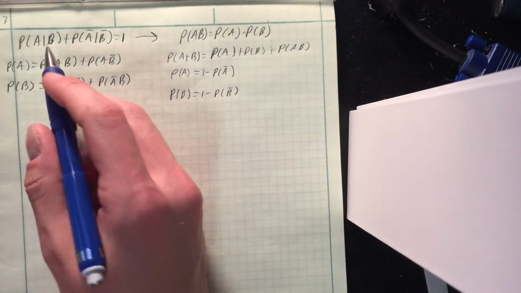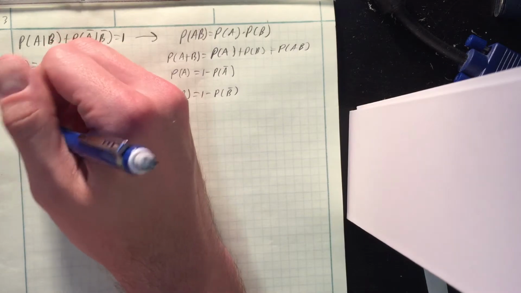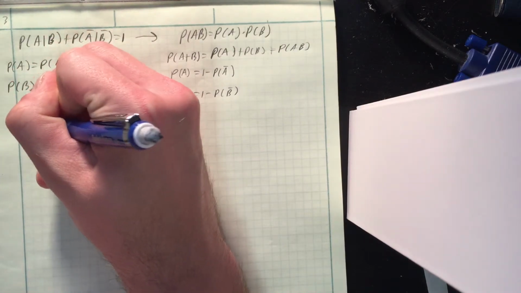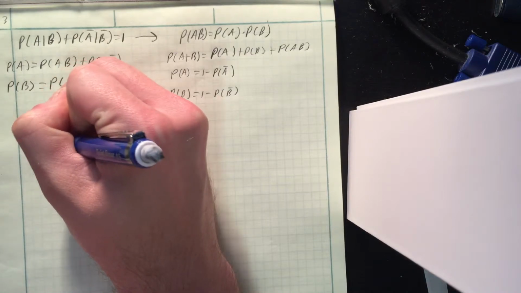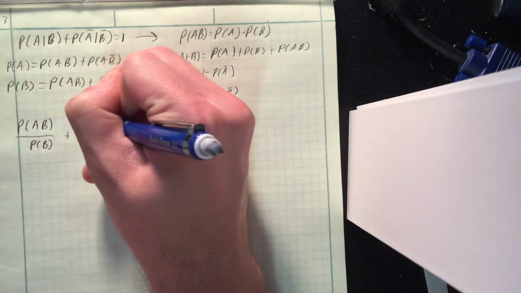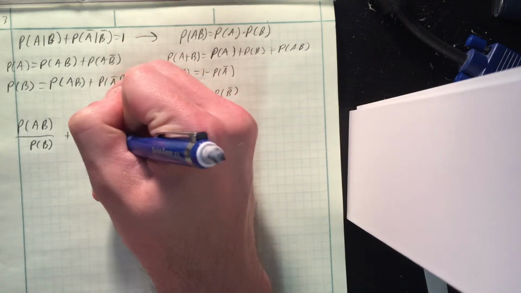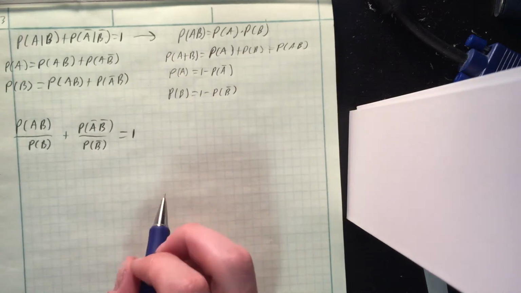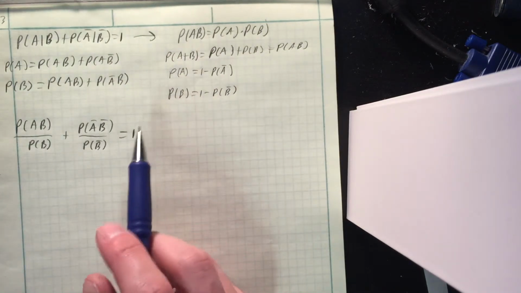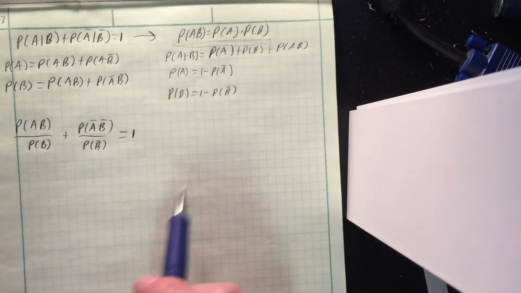Now, I see the conditional probability, so my first idea is to attack that. So the probability of AB over the probability of B plus the probability of A naught B naught over the probability of B naught is equal to 1. So still trying to get to here and trying to figure out what theorem could help me.